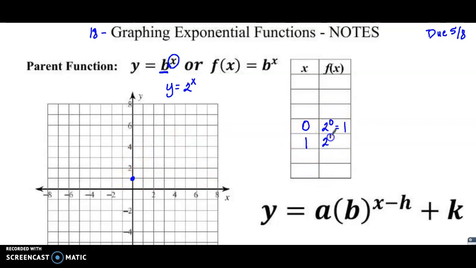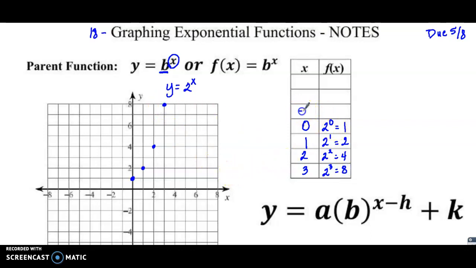If I plug in 1, 2 to the 1 just gives us a 2 back, so that would be 1, 2. If we plug in a 2, 2 squared is 4, so 2, 4. If I plug in a 3, 2 to the third gives me 8, so 3, 8.